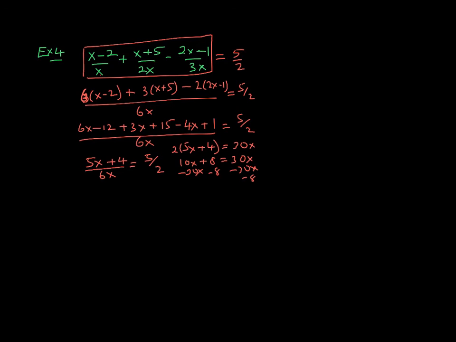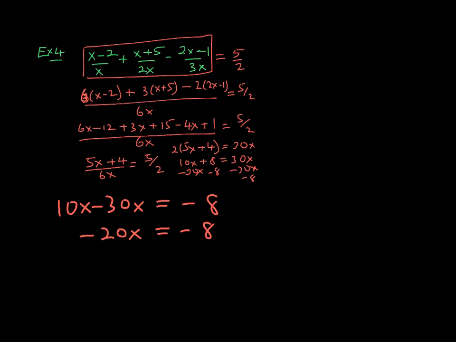If we do that, that becomes 10x minus 30x, plus 8 minus 8 gives us 0, and then 30x minus 30x gives us 0 minus 8. So this becomes -20x is equal to -8.